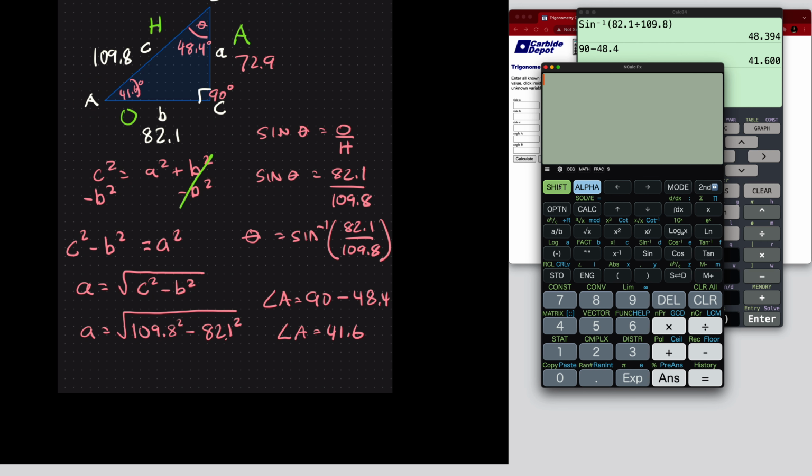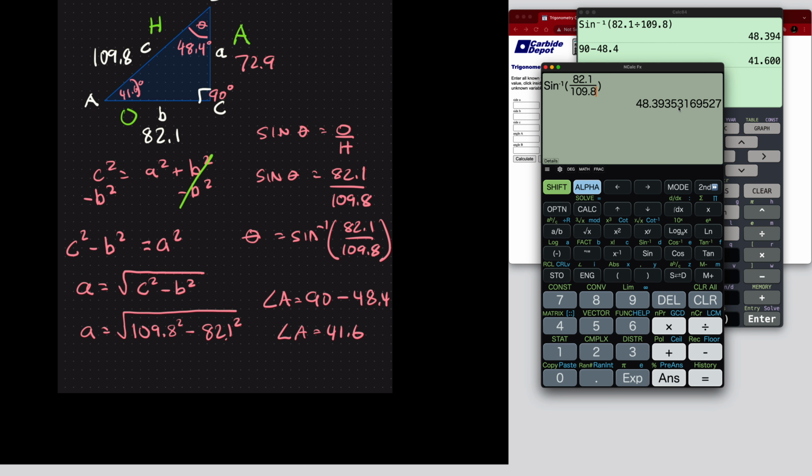It's green, so use the green button, sine. This one gives me an opening and closing bracket, and I can just put a fraction in there. On the top is 82.1, and to get to the bottom, I just hit this down arrow and punch in 109.8. And again, it gives us the same answer.